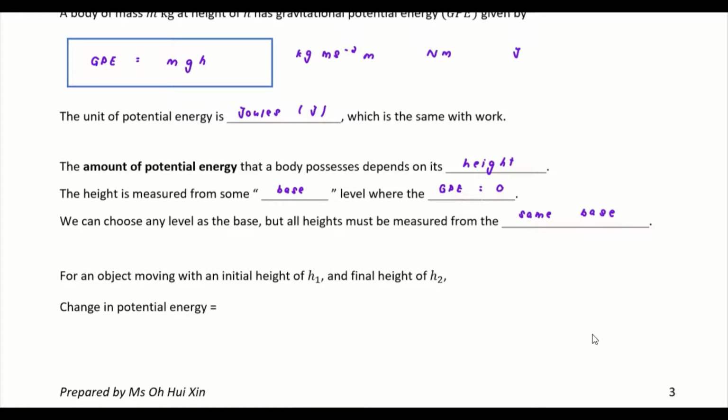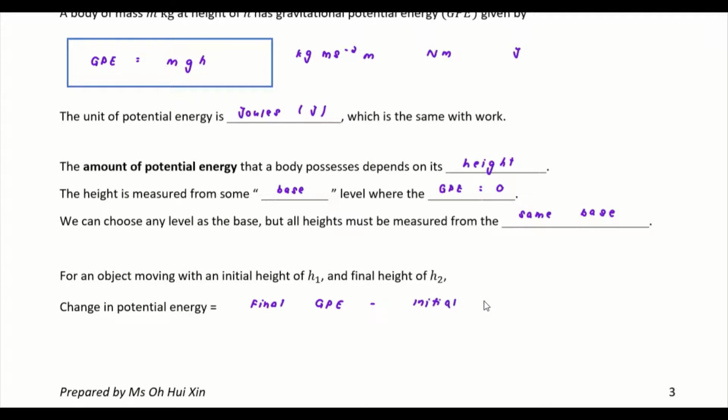So for an object moving with an initial height of h1 and a final height of h2, the change in potential energy will be equal to the final GPE minus the initial GPE.